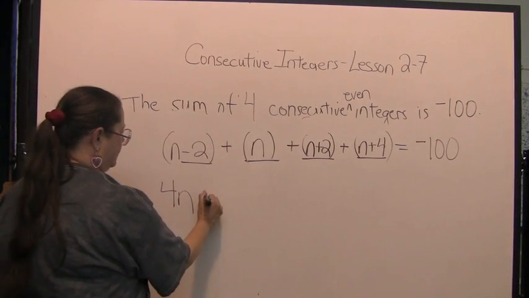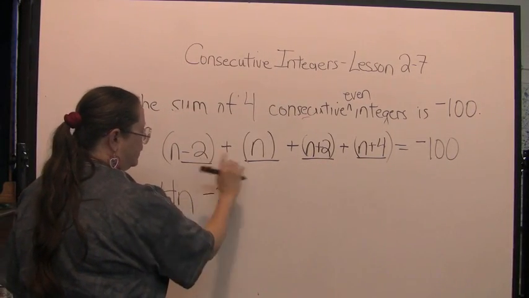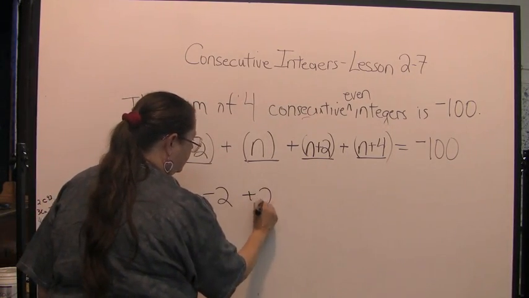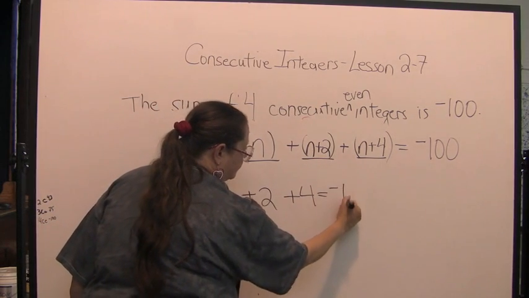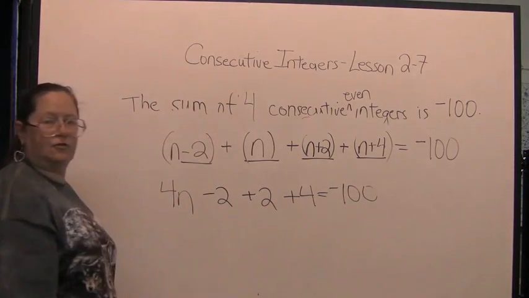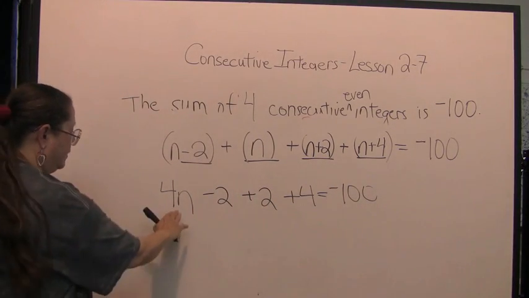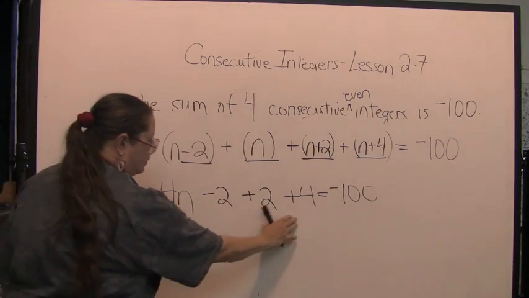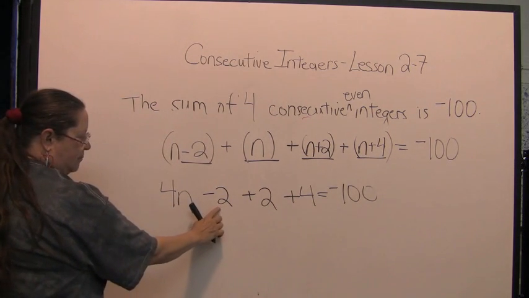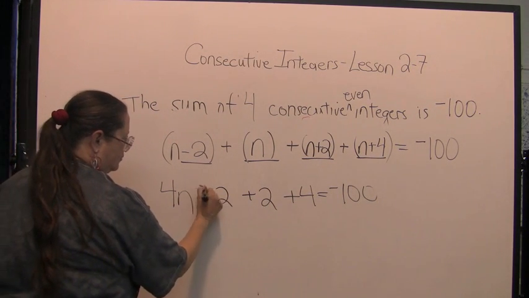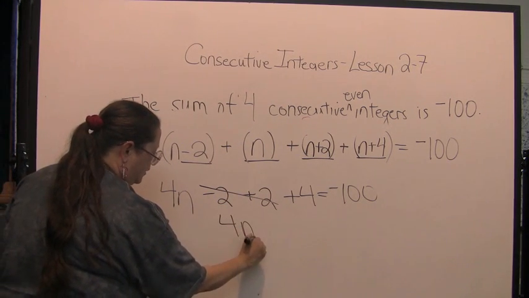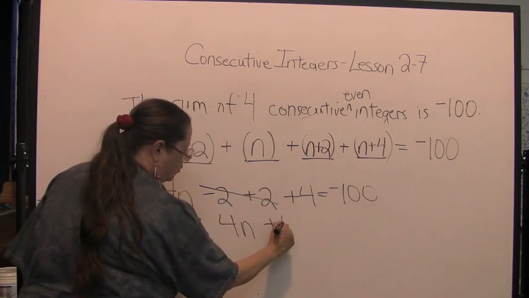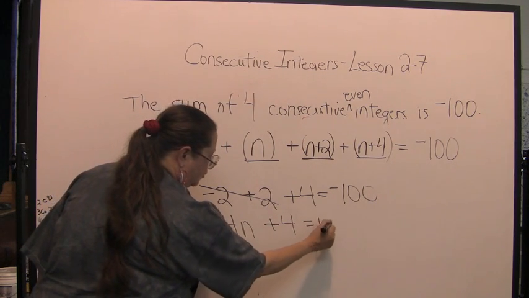Okay, then a minus 2, a plus 2, and a plus 4 equals our minus 100. Okay, we can combine our constants here, our numbers. Minus 2 plus 2, that makes us 0. So we're left with 4n, 4 narwhals, plus 4 equals negative 100.